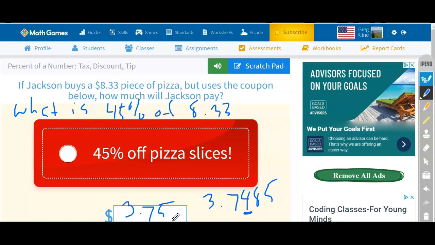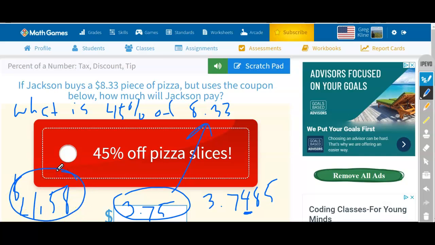So what we have to do now is subtract this from my 8.33. So 8.33 minus 3.75. After the discount, it would be a $4.58 piece of pizza. A little bit more reasonable.